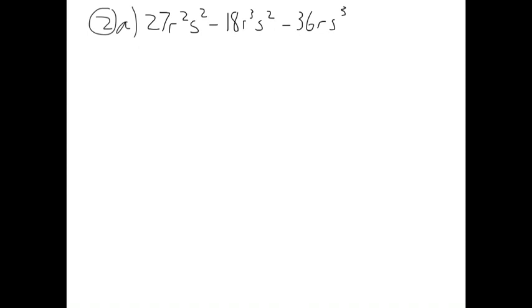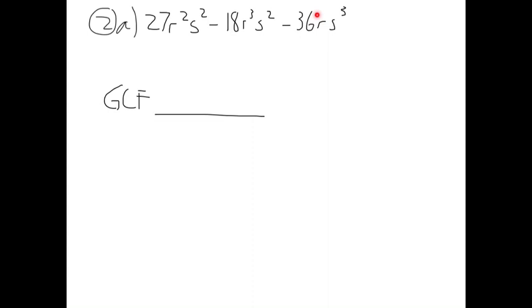is to identify the GCF, and we've already done some practice doing that, so that's helpful. We identify the GCF first, the thing that all of these terms are divisible by. First I look at the coefficients, 27, 18, and 36. Like I mentioned before, all of those are divisible by 3 and 9, but the largest thing they're all divisible by is 9.